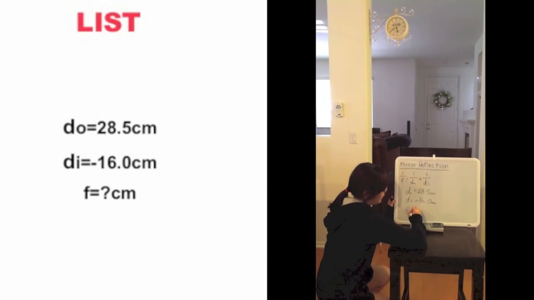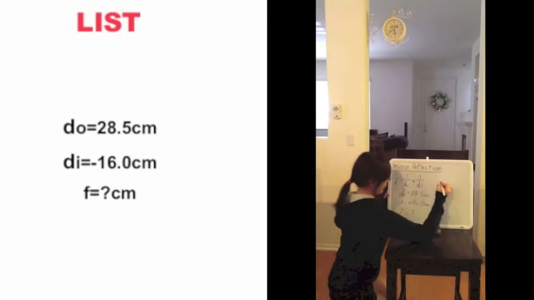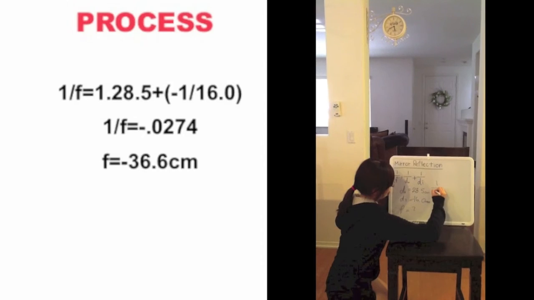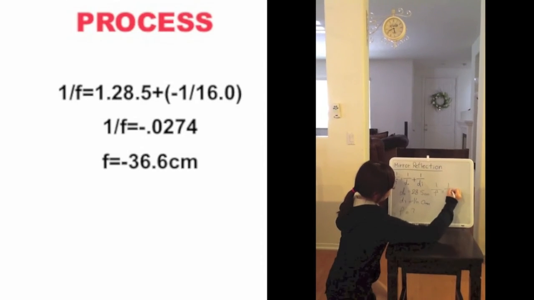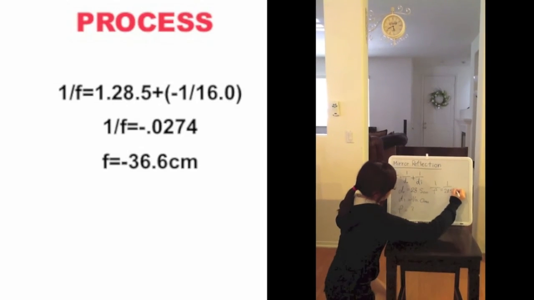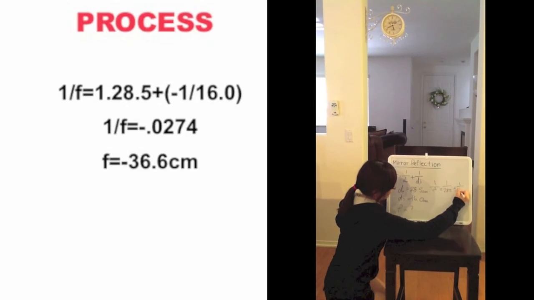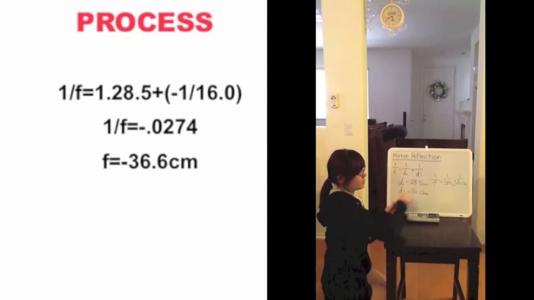We want to get the focal length. Let's calculate. Just put the numbers there. So this is 1 over f equals 1 over 28.5 plus 1 over negative 16.0 cm. So just calculate.